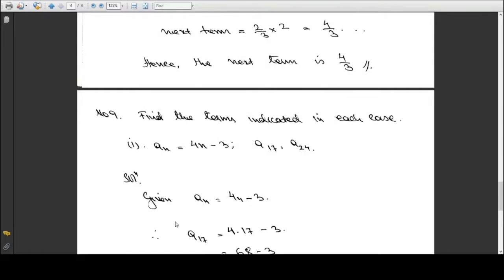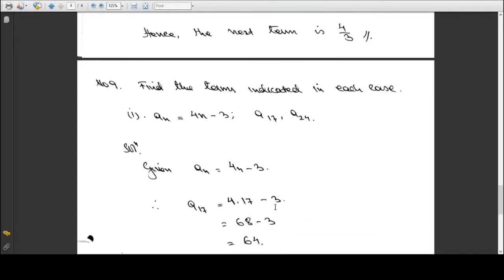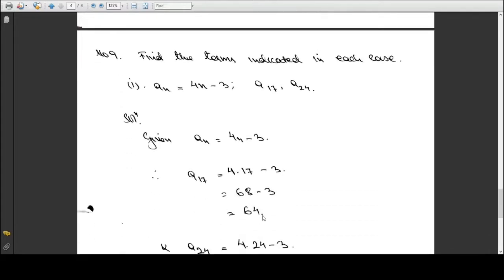Now you find a17, the 17th term: instead of n you are putting 17. 4 multiplied with 17 minus 3. 4 multiplied by 17 is how much? 68 minus 3 will give us 65. That means the 17th term is 65.